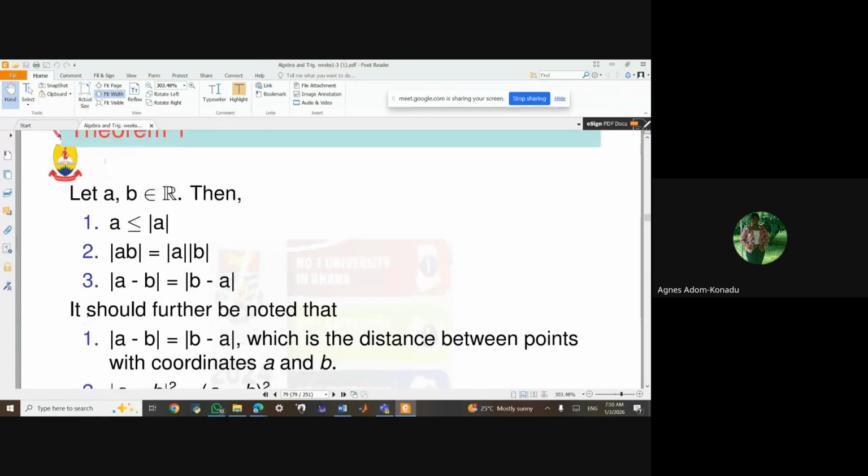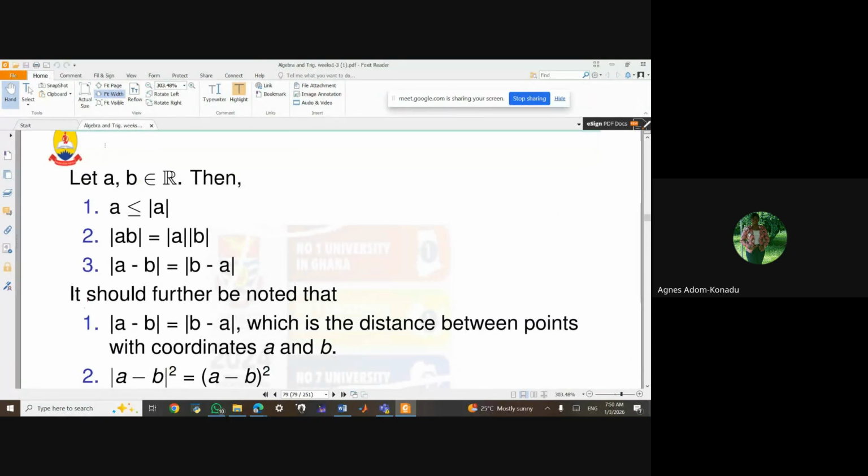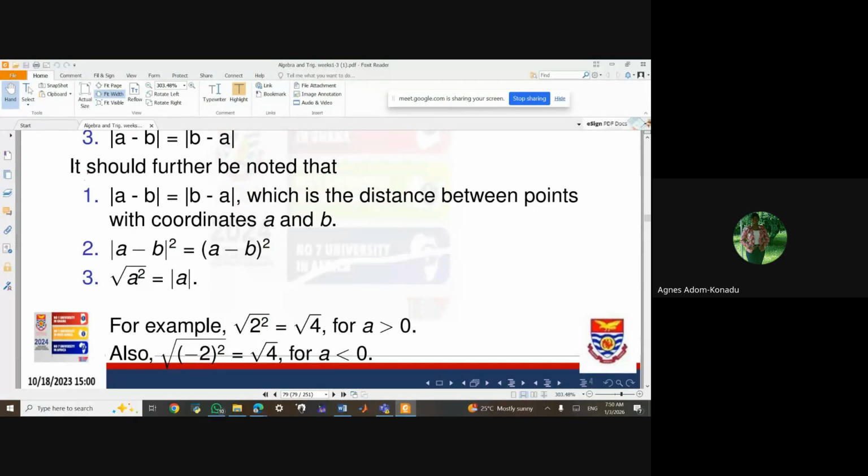Please, you need these theorems because when we get to some points we will not come back, but you should have them in your head. We'll be applying them.